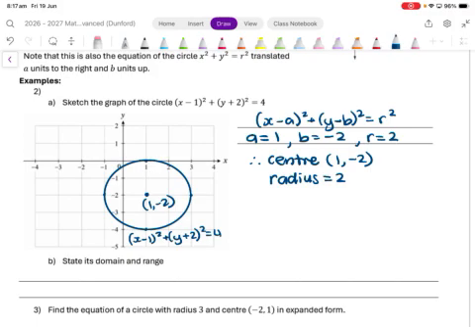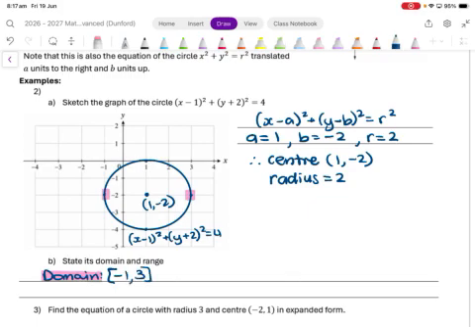Now, our next part is to work out its domain and range. With our domain, remember our domain is all of our x values. Our smallest x value is there at minus 1. Our largest x value is there at 3. So that means our domain is from minus 1 to 3.